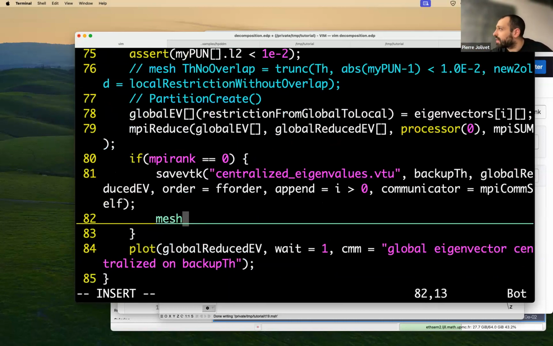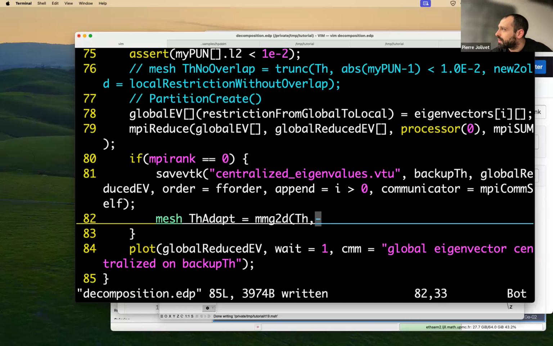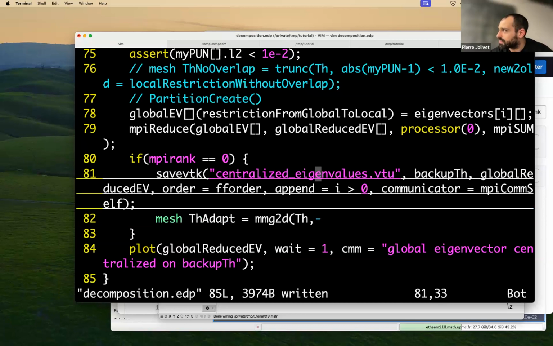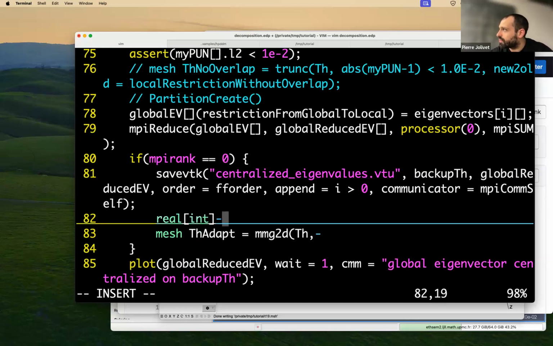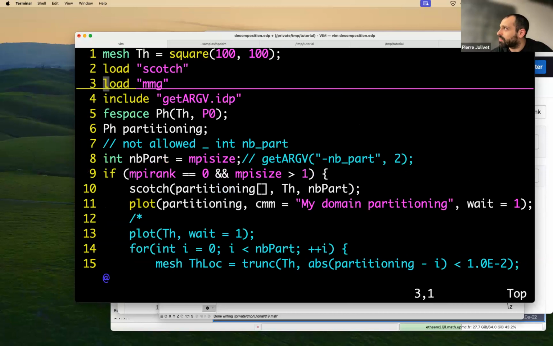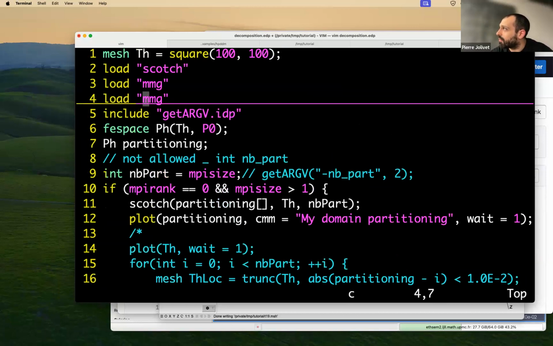And so we can do something like mesh th adapt equal MMG2D th. Okay, so first we'll need to compute a metric. And to compute a metric, you can use, for example, mshmet.